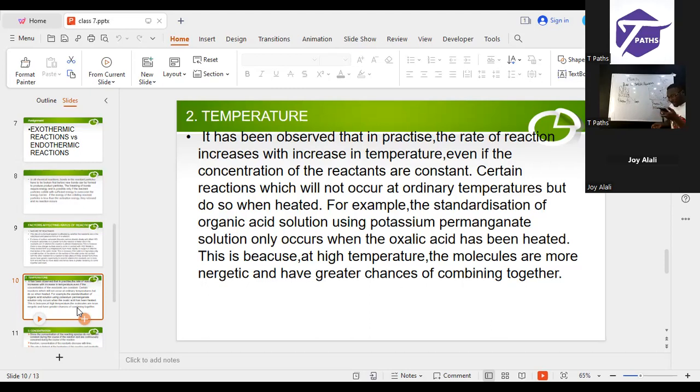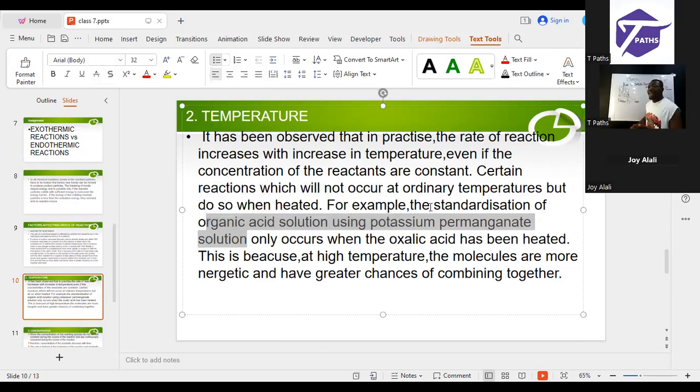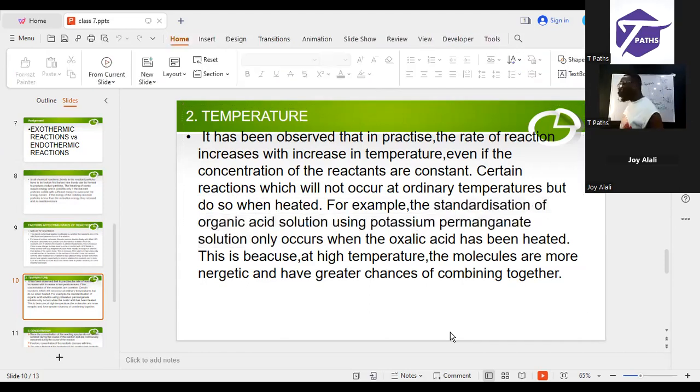For example, the standardization of an organic acid solution using potassium permanganate solution. How does it work? It can only work when the oxalic acid gets heated. When oxalic acid gets heated, the molecules of the substance become energetic. Why do they become energetic?